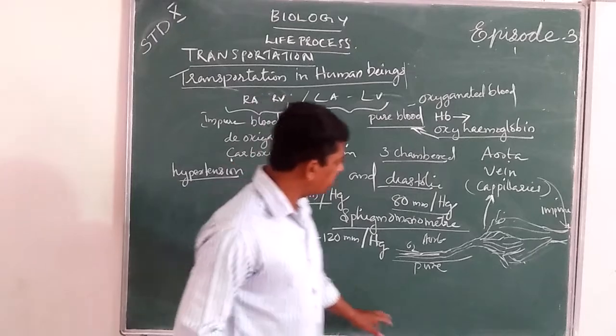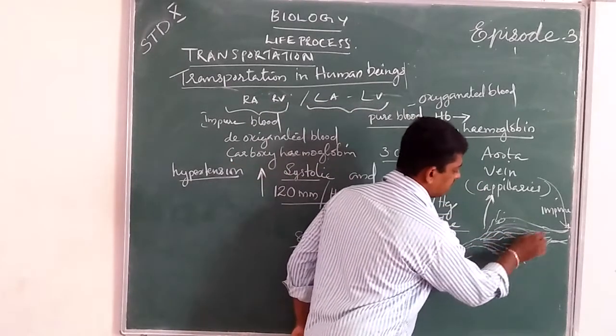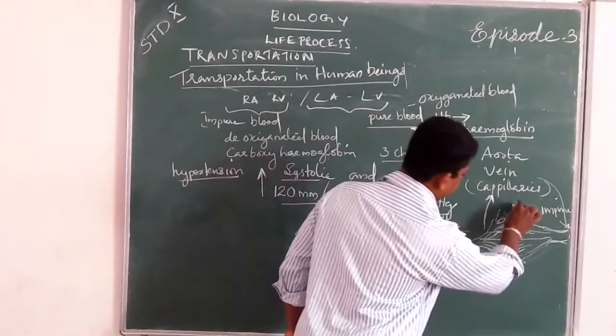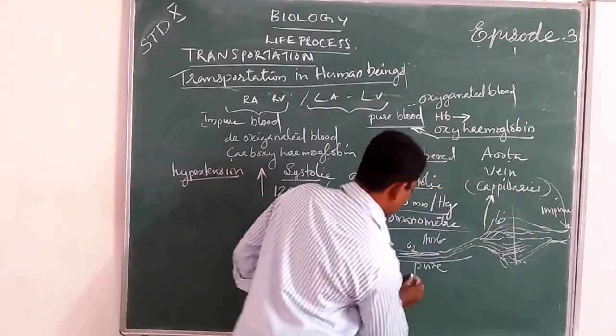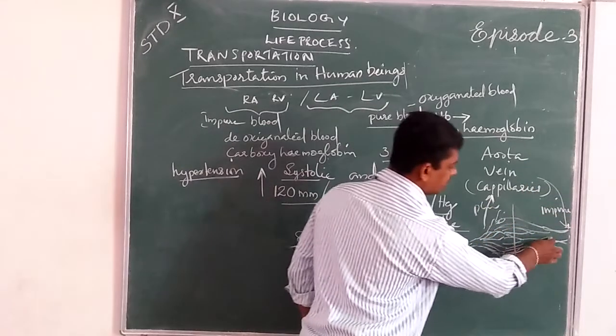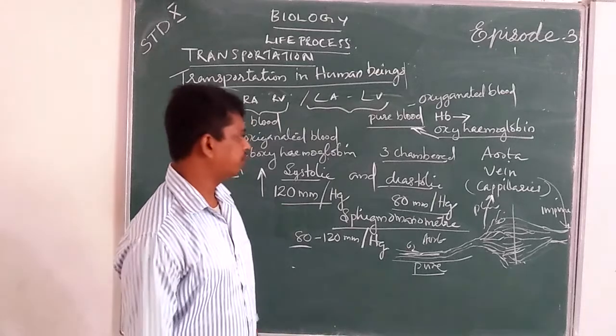The connection between aorta and vein through small blood vessels is known as capillaries. The first half of the capillaries is pure blooded capillaries, and the second part is impure blooded capillaries.